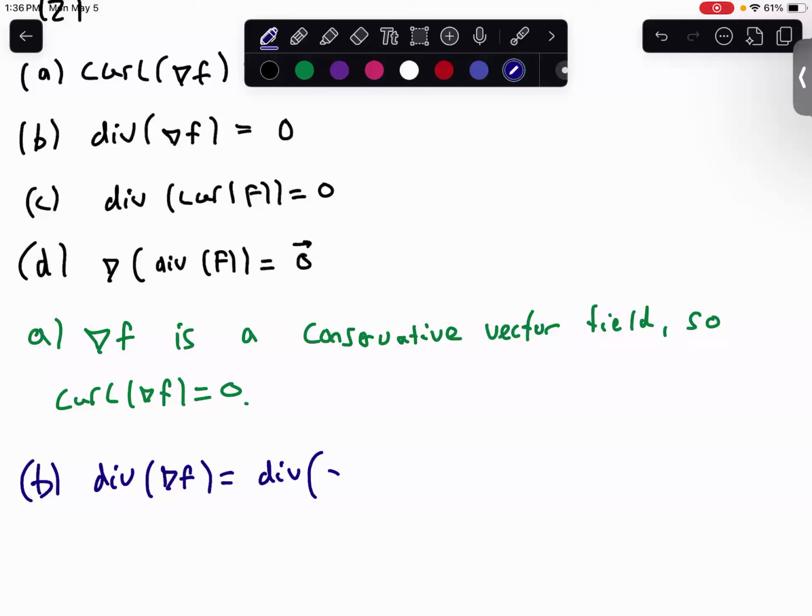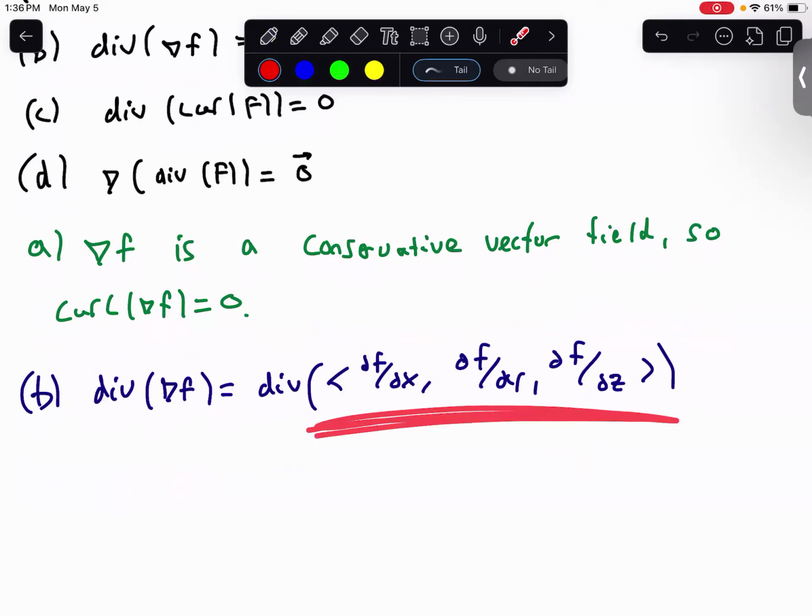The gradient of f is going to give you a vector. It's going to be the partial of f with respect to x in the first component, the partial of f with respect to y in the second component, and then the partial of f with respect to z in the third component. If you compute the divergence, you're going to be taking the partial derivative of f with respect to x again, plus the partial derivative of f with respect to y again, plus the partial of f with respect to z again.